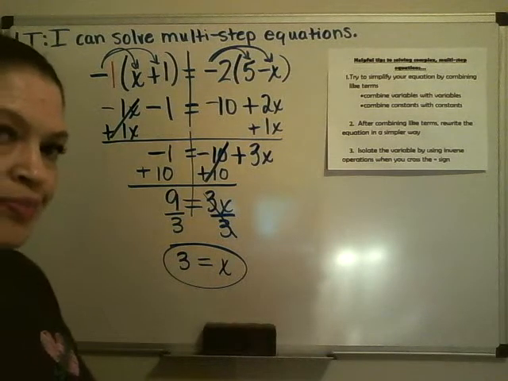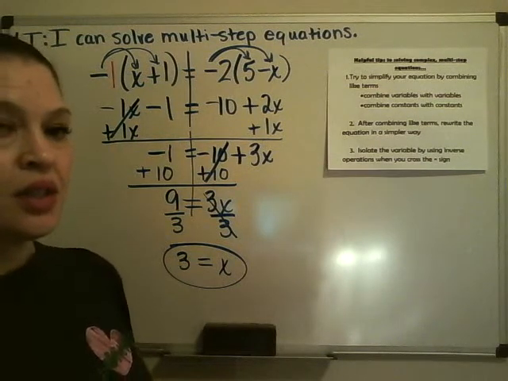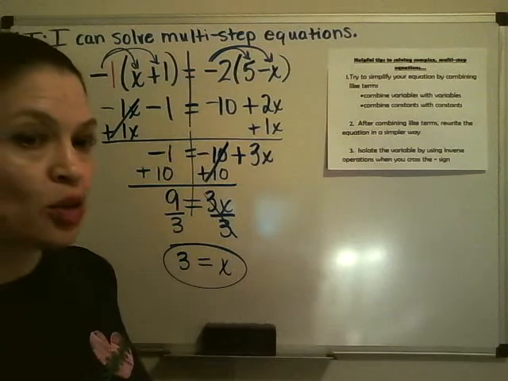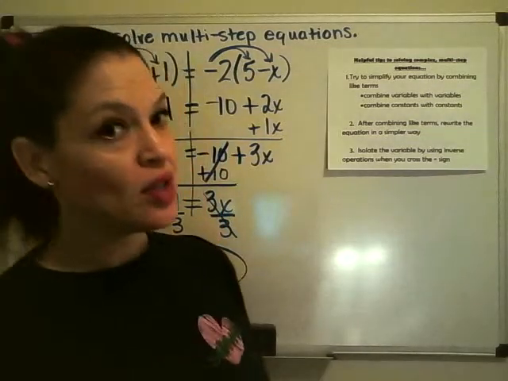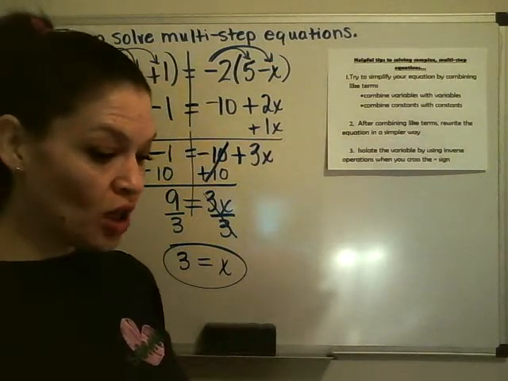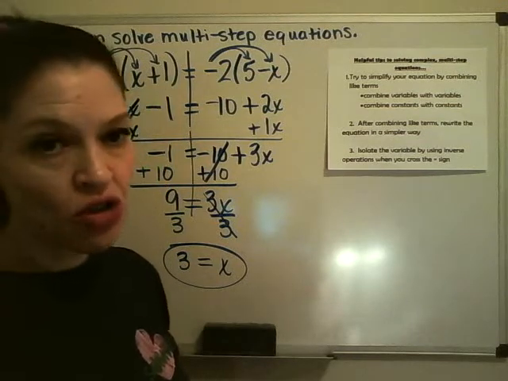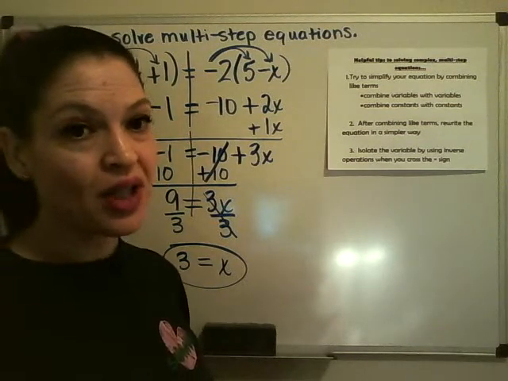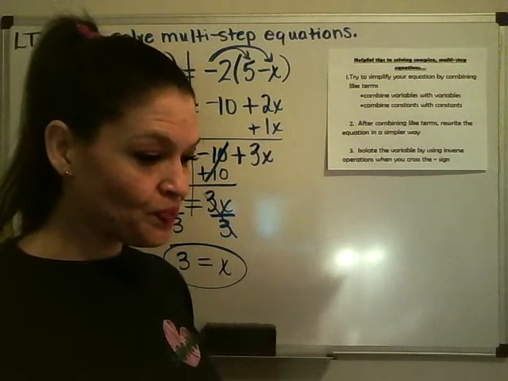What do you think? Yeah, I know this is real stuff. This is real algebra. But if you want to be successful in 7th grade accelerated, I suggest you do a good job of learning it now and ask me all the questions that you have now so that next year you'll have a very successful year.